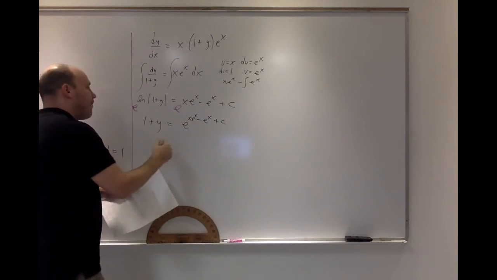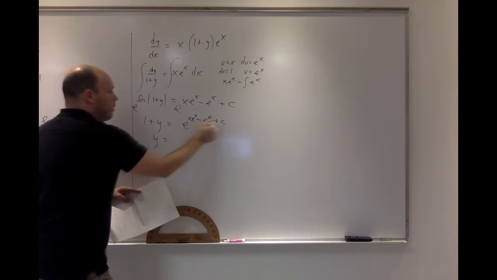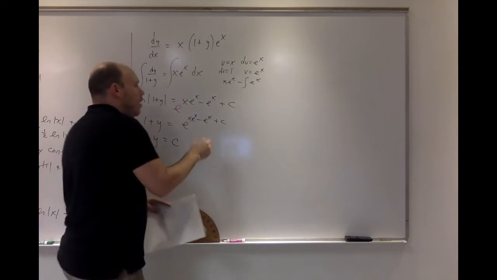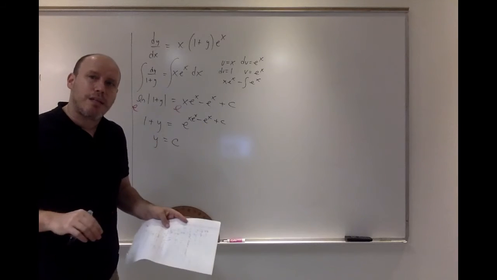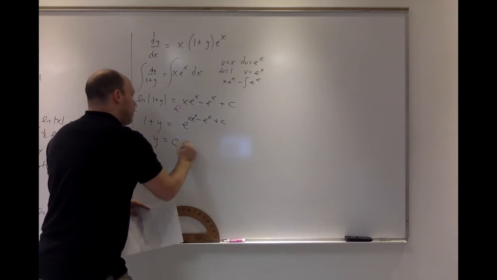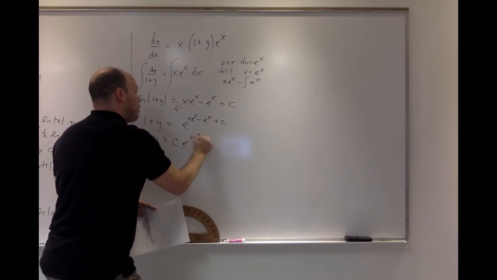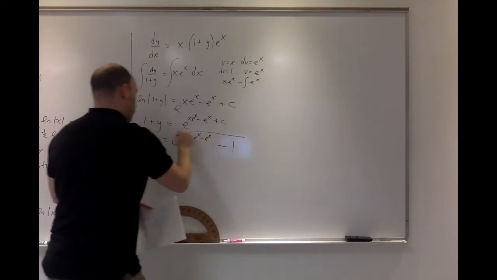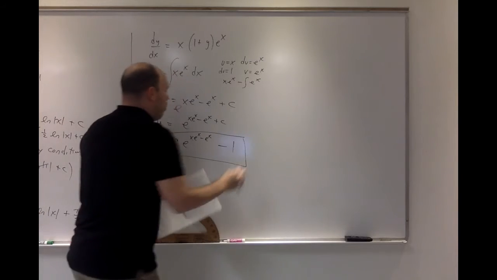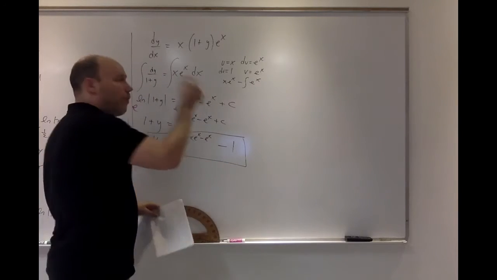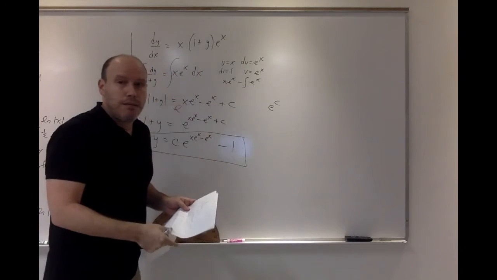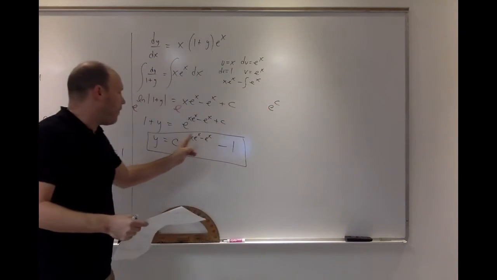What I'm going to do first is change this to c in front, because e to the c is just a constant. It's just a number, so we're going to put it in front here, like we did over there.